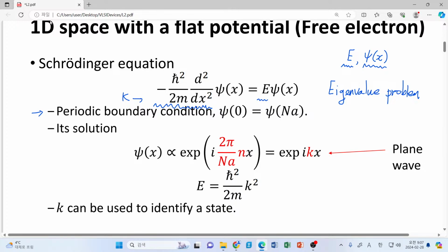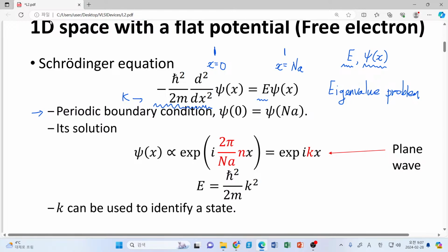Now, let's go to the next line. Here we implement the periodic boundary condition. We are now considering a certain domain. Let's say that here we have a position x equal to 0 and x equal to N times a, an integer multiple of a certain unit.